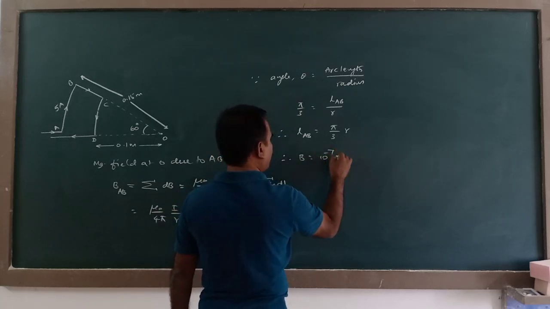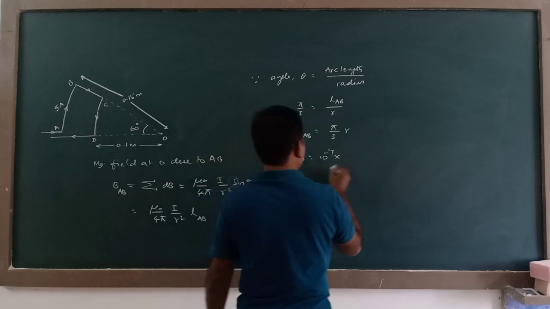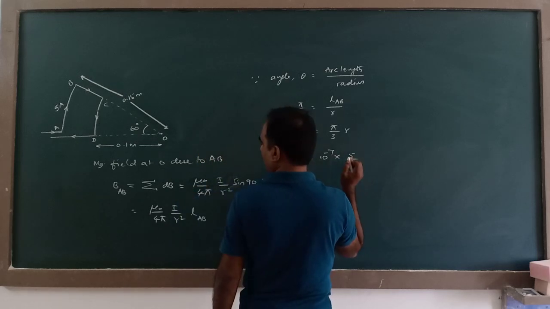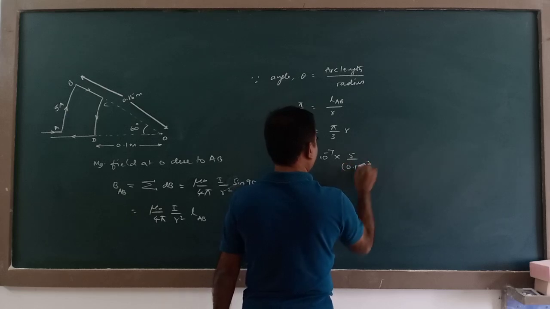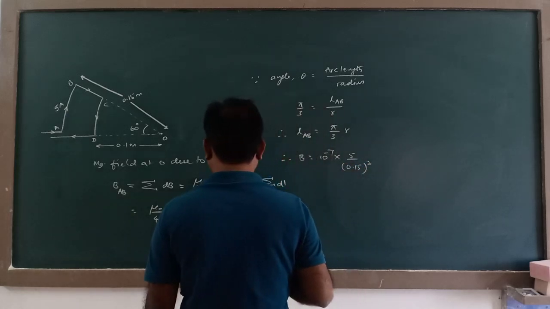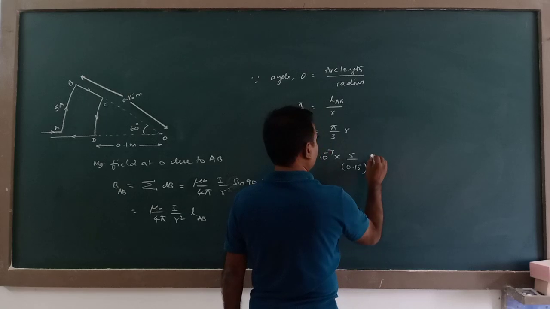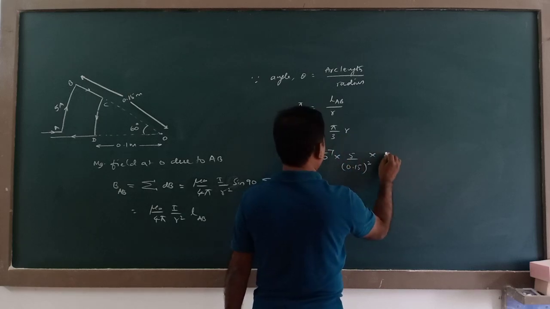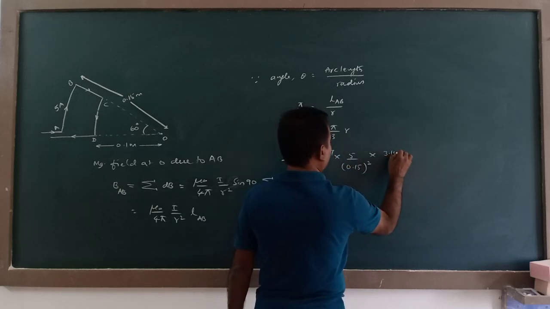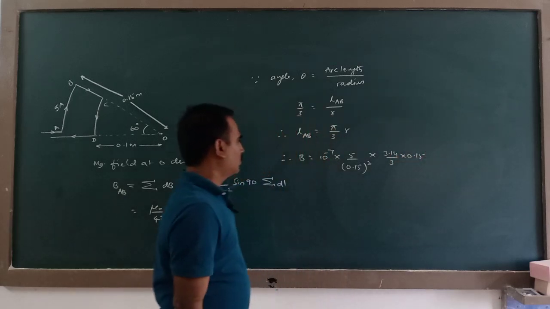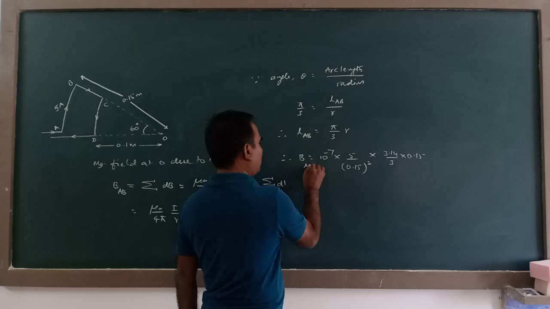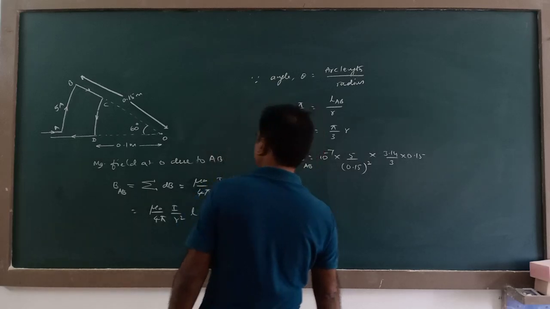Mu naught by 4 pi is 10 to the power of minus 7. Current is 5 ampere. Radius is 0.15, so 0.15 square, and this is pi by 3, that is 3.14 by 3 into 0.15. So, you will get this magnetic field B_AB.